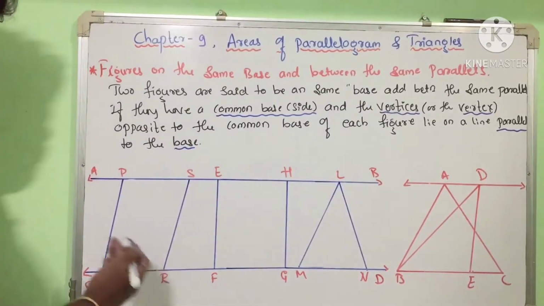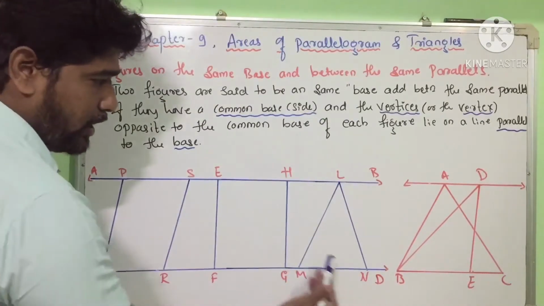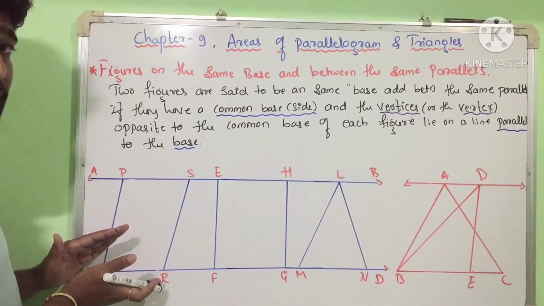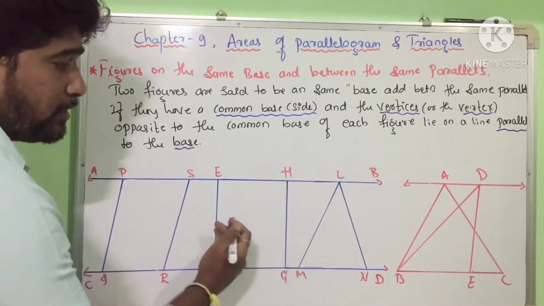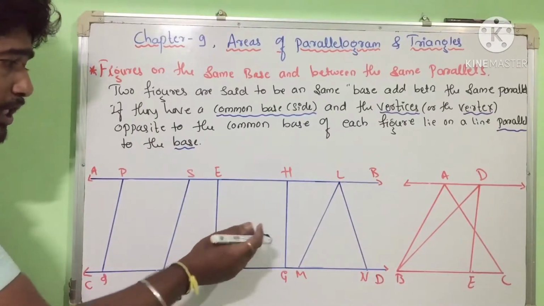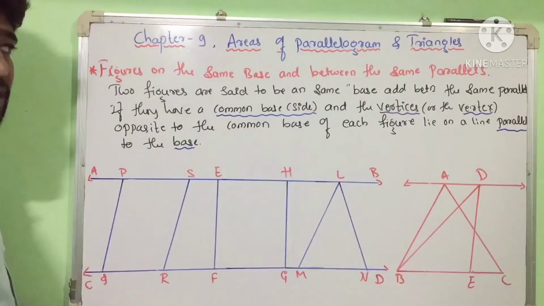Is it clear? So for example here, AB and CD, these two are parallel lines. In these two parallel lines, these three figures lie between them. So these three figures have a common base CD here, right?